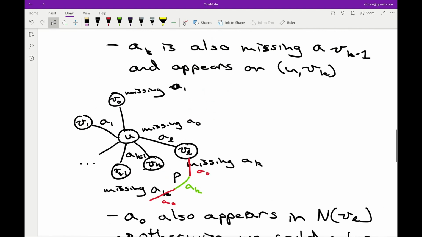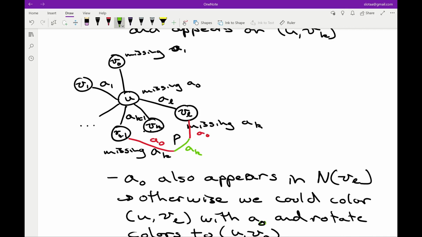So in this instance, this A naught is now over the extra long edge going all the way over there. So what are we doing? We're doing a swap here, here, here, and then we're going to specifically be coloring right like so. So now A naught is on that V K minus 1, or the A K minus 1, now over there, and then rotate, etc. A1 right there.